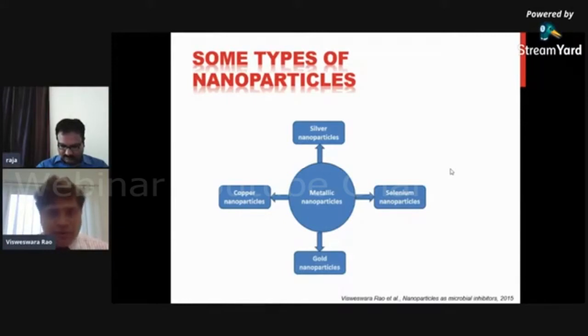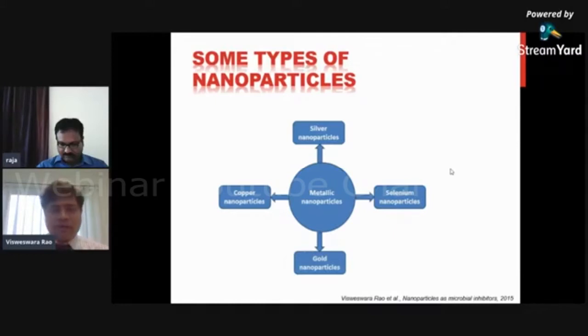Once we make the powder, we soak it, or you can directly mix it with the metallic ions, and after the reaction it becomes nanoparticles. You can observe the change in color from light to dark colors. That is the physical confirmation of the synthesis of nanoparticles.